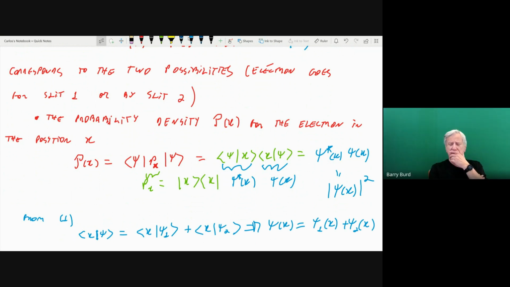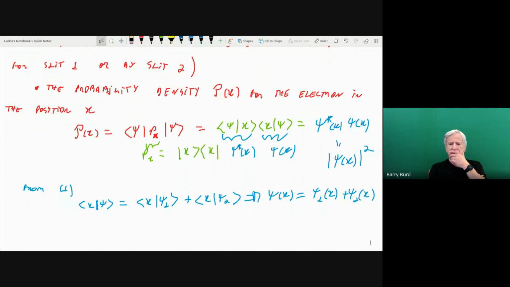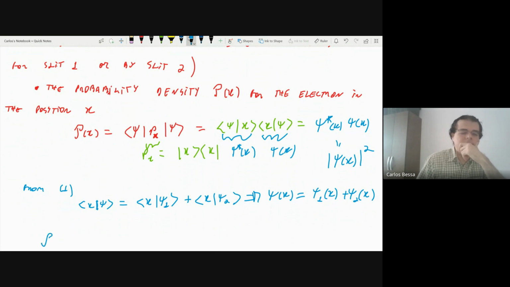So the probability P of x is just psi conjugate, which is psi 1 of x plus psi 2 of x conjugate, times psi.